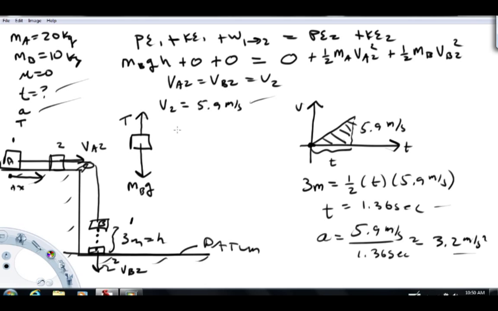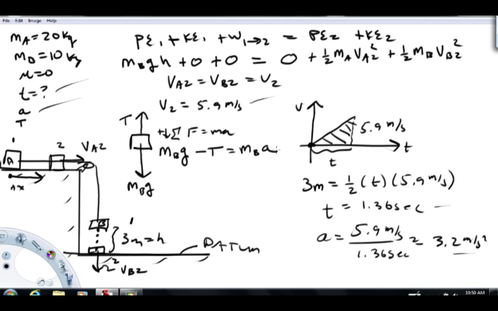So when we write our Newton's second law equation, sum of all forces equals ma. Because I can observe that this is accelerating down, I'm going to go ahead and put down positive. So the equation we're going to write is going to be the weight, mg, keep in mind it's m sub B g, minus T, and that's because, again, I'm doing down positive, but the tension is up, equals mass B times a.